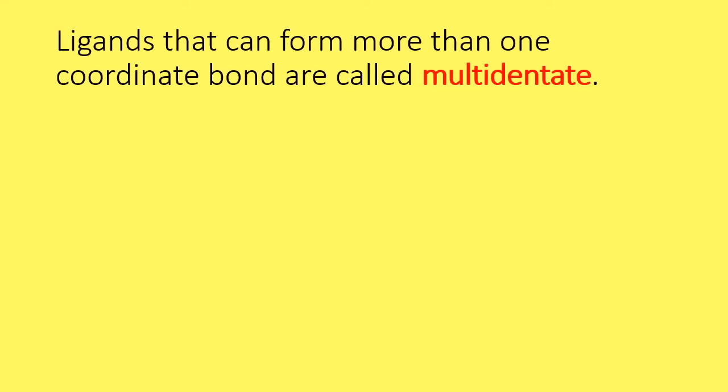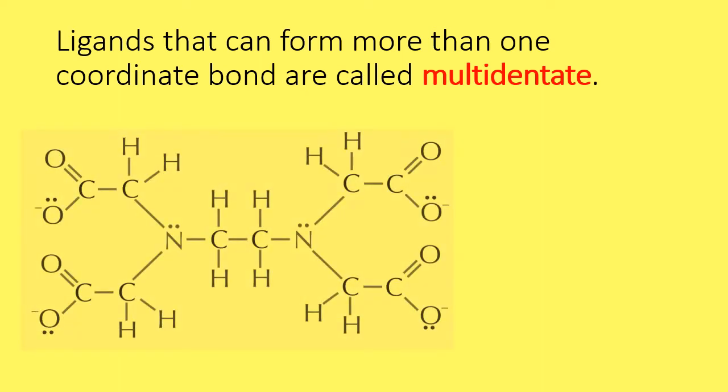Okay, so let's move on to multidentate ligands. We're going to look at an example of a multidentate ligand, and this one's called EDTA. Here's a picture of it. So let's label it first, EDTA. The EDTA stands for ethane, so this is the ethane part of the molecule, and the D stands for diamine.